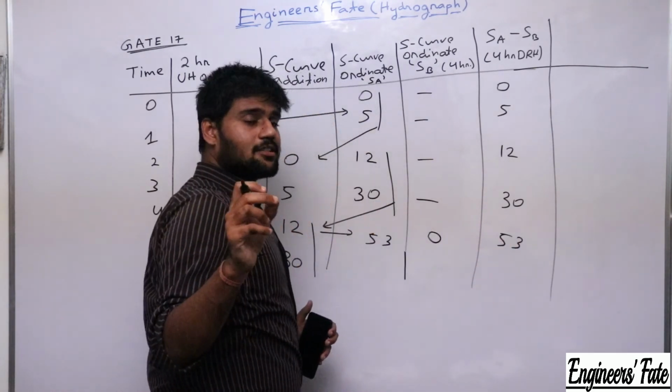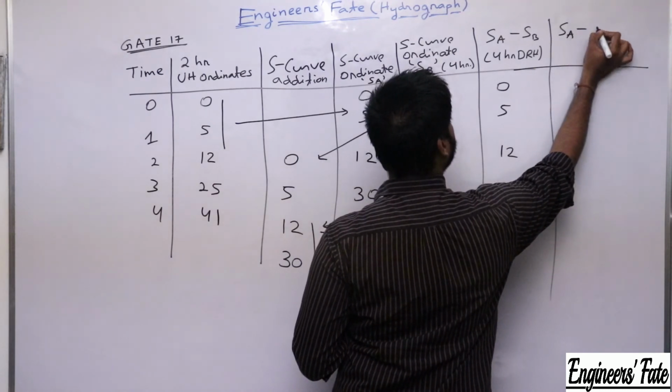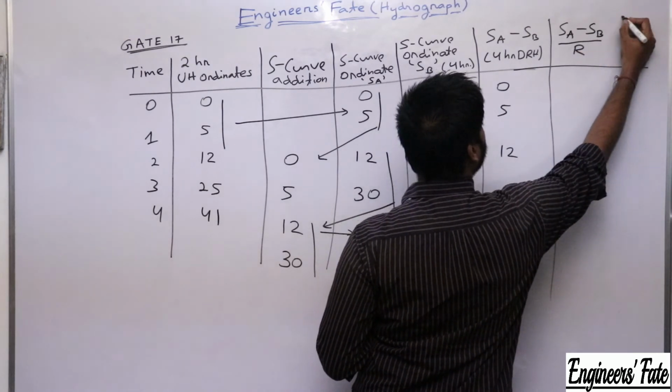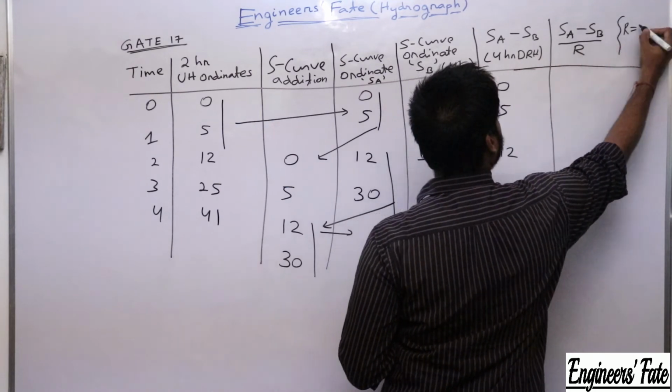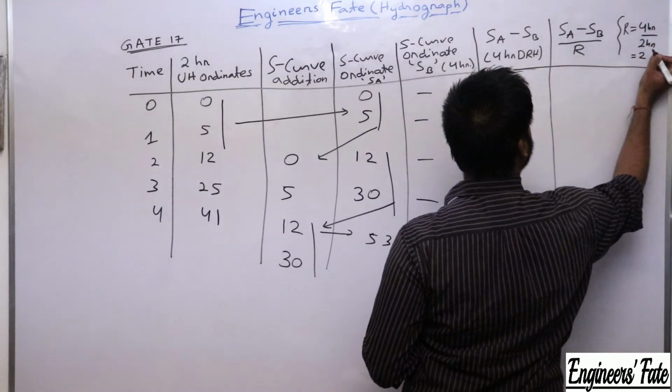So the next important thing, last, how to find the 4-hour unit hydrograph ordinate, that will be SA minus SB by R, and how to find R. R is simply the 4-hour divided by 2-hour, that is, R is 2.